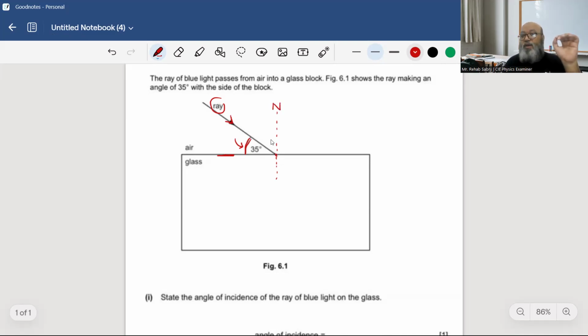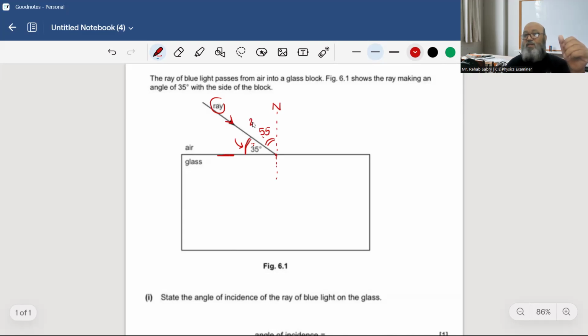Then you will use this angle instead of this angle. And you know that this angle plus this angle equals 90. So this angle will be 55 degrees.